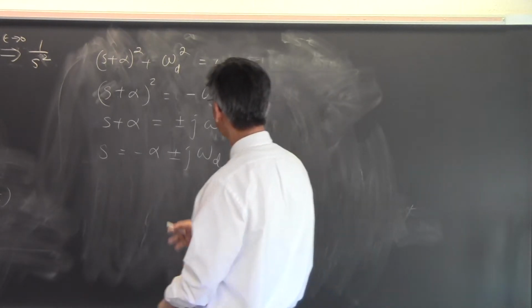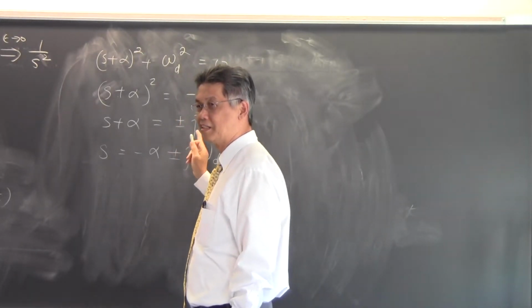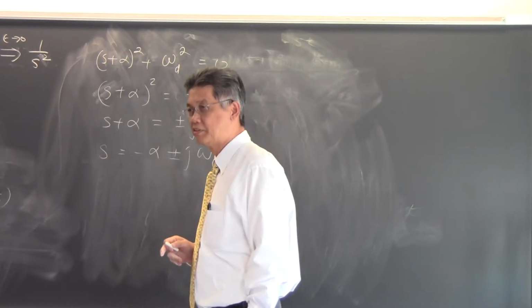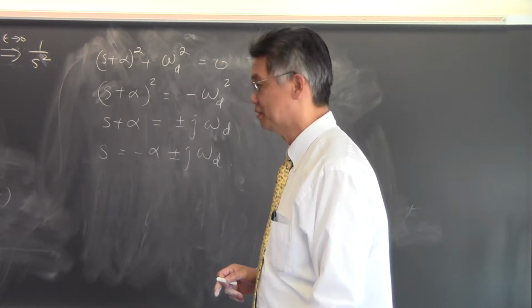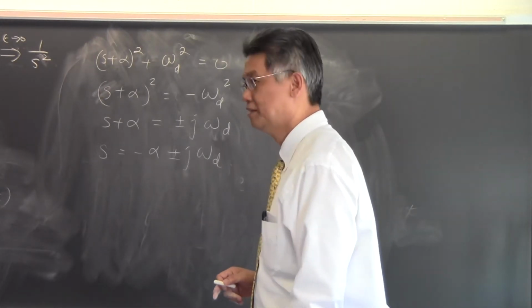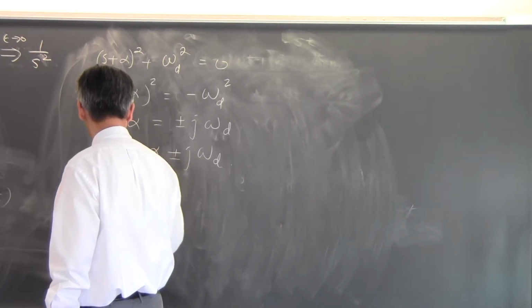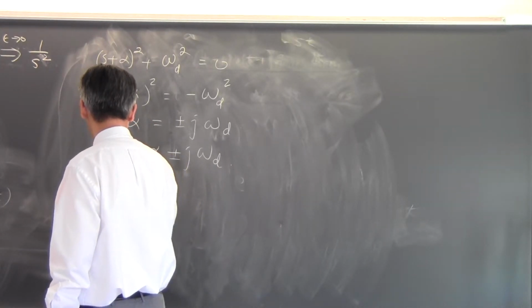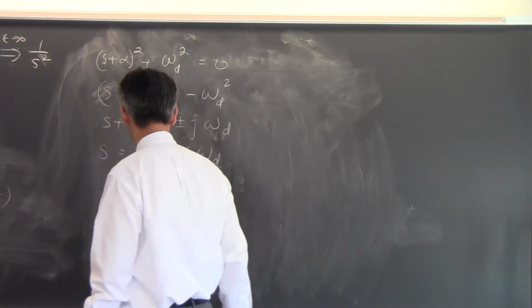Taking the square root of minus 1 always gives you two possible roots. That is very important. If you don't take care of that properly, you can be misguided. Now let me give you a very simple proof. Square root of minus 1 is equal to j.